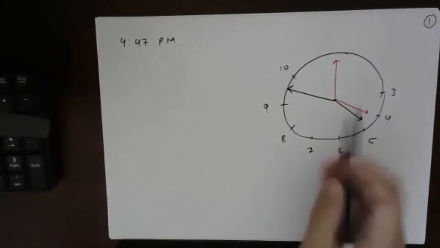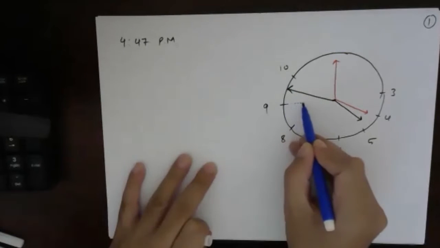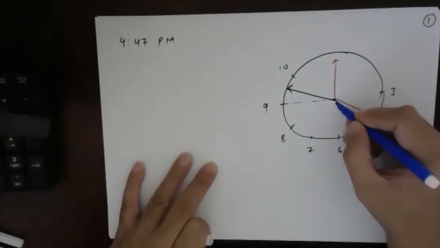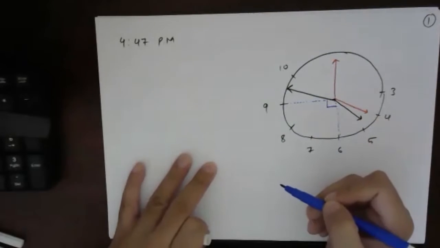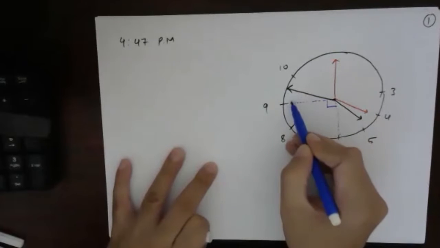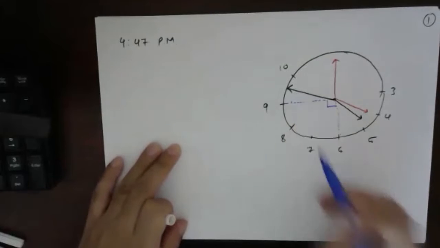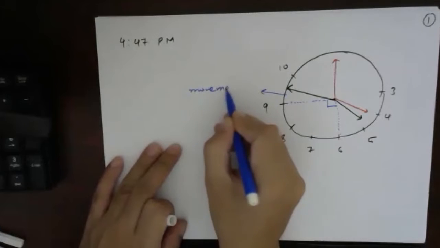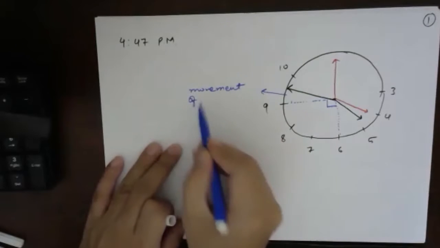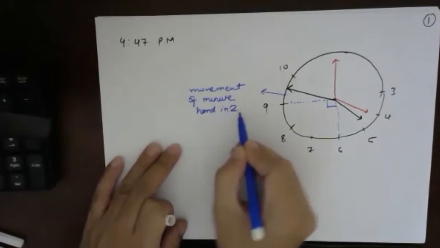So I will make a reference point. If I join this part and this line, this angle is 90 degrees. The minute hand has moved from here till here in 2 minutes. This is the movement of the minute hand in 2 minutes.